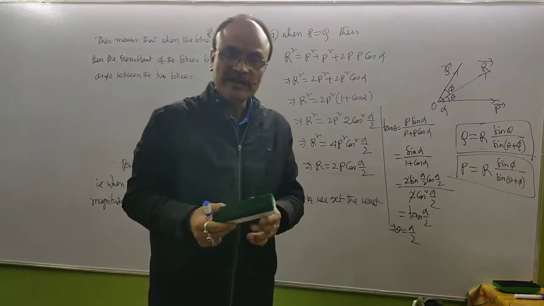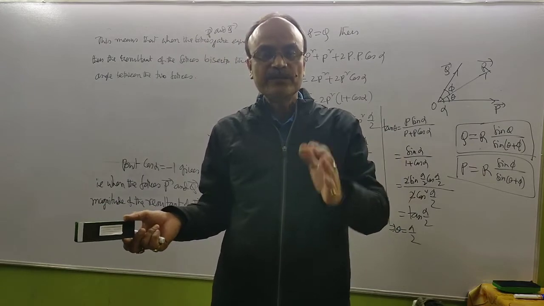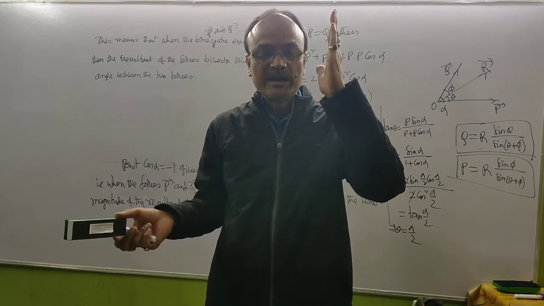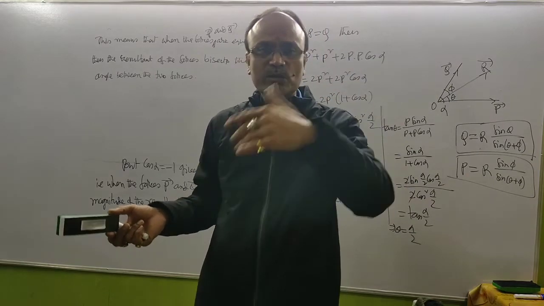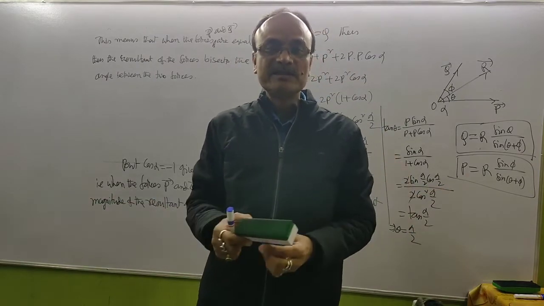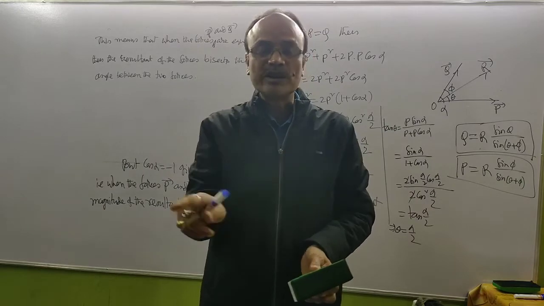When the forces are equal, P and P, the resultant will make equal angles with both the two forces. This means that the resultant bisects the angle between the two forces.